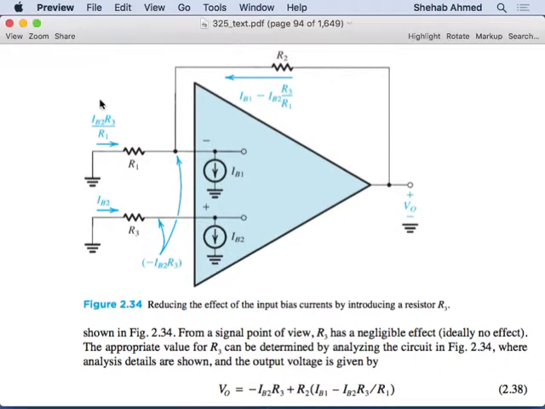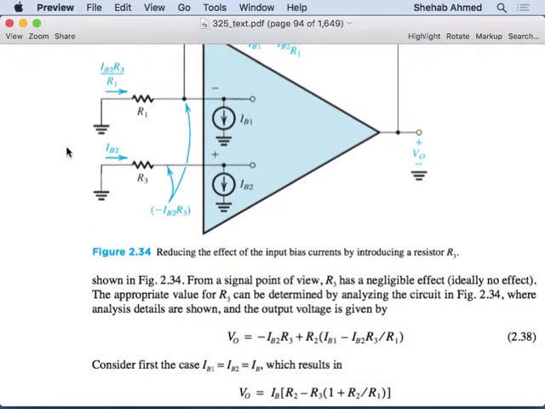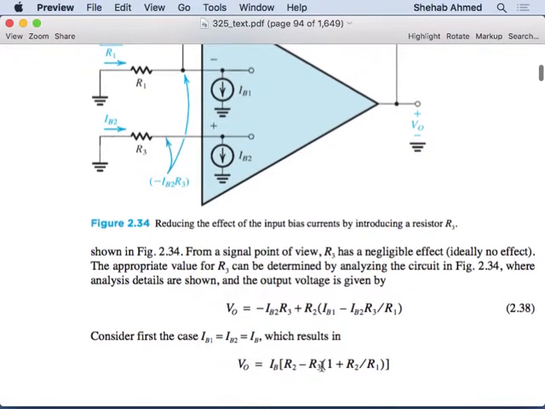We said that these two are close to each other, so sometimes we can say, okay, let's assume that IB2 is equal to IB1 is equal to IB, so then we can simplify the equation a little bit and write the output as this, okay? So what is this telling us? This is giving us the effect of the bias current on the output voltage.